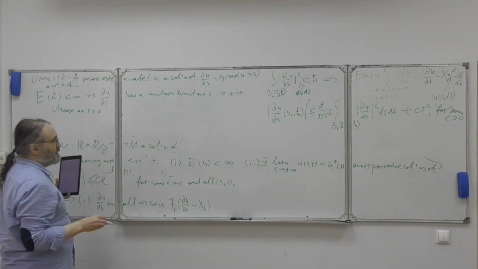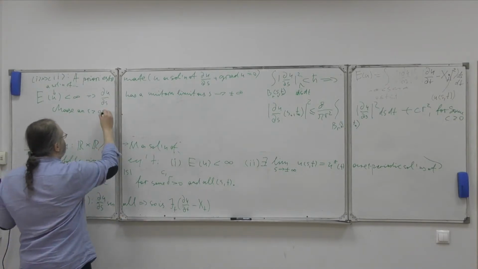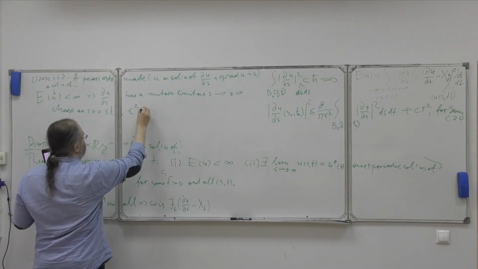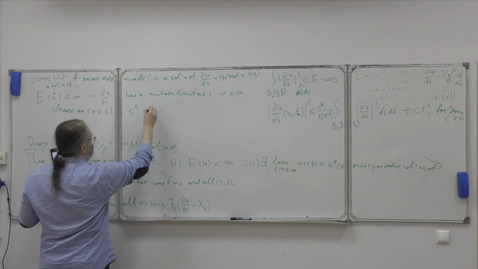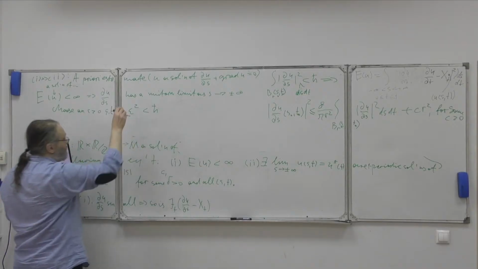We choose an epsilon greater than 0, such that epsilon squared is less than h bar, but otherwise arbitrary.